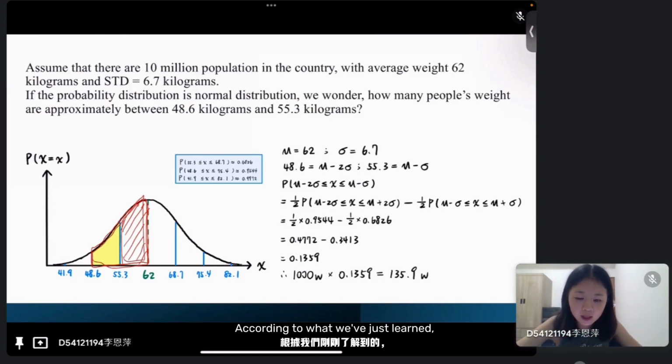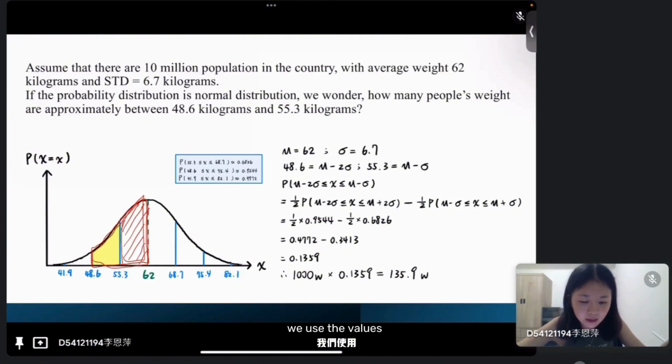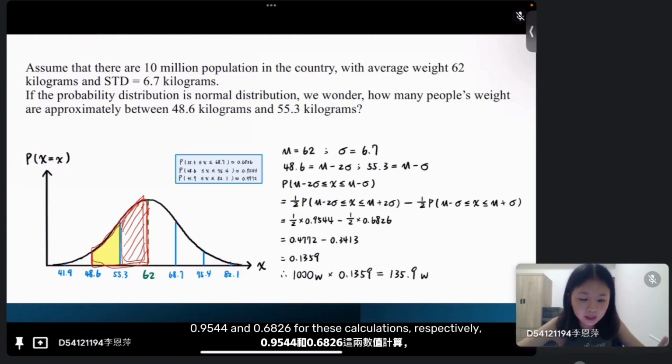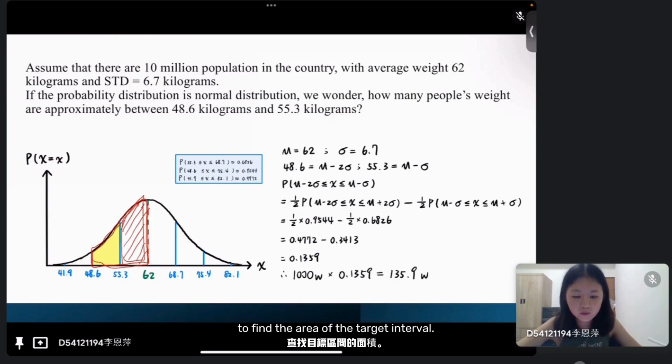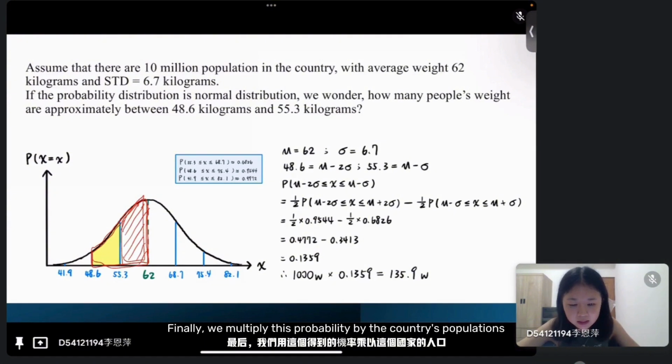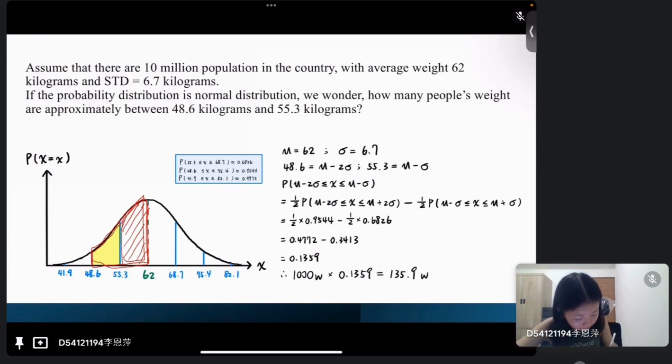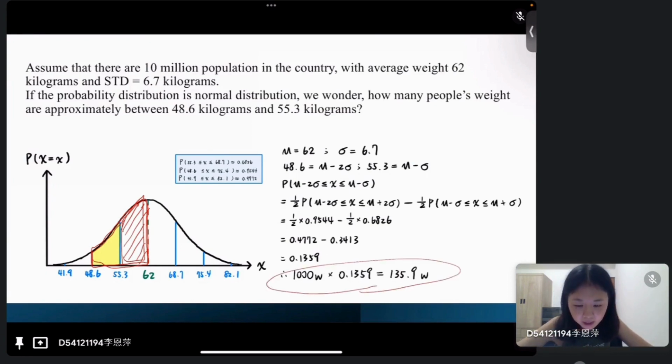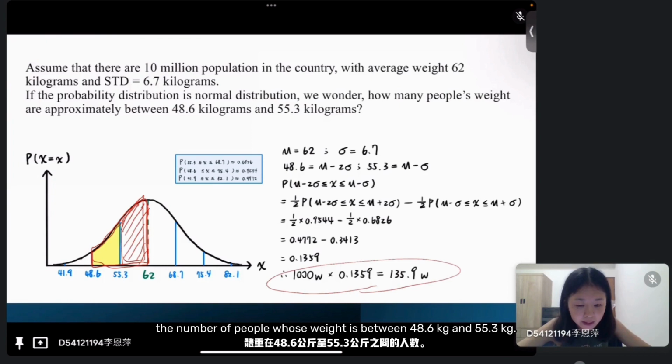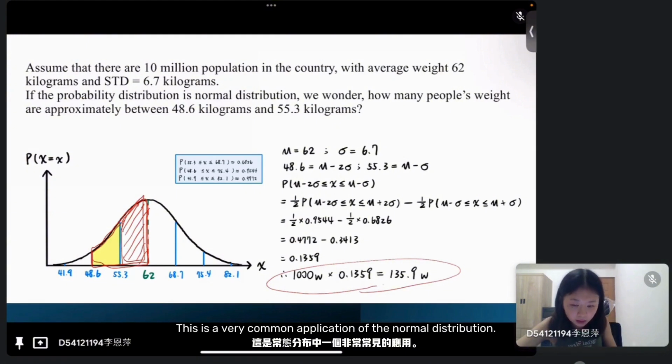According to what we've just learned, we use the values 0.9544 and 0.6826 for these calculations, respectively, to find the area of the target interval. Finally, we multiply this probability by the country's population to get the desired answer: the number of people whose weight is between 48.6 kilograms and 55.3 kilograms. This is a very common application of the normal distribution.